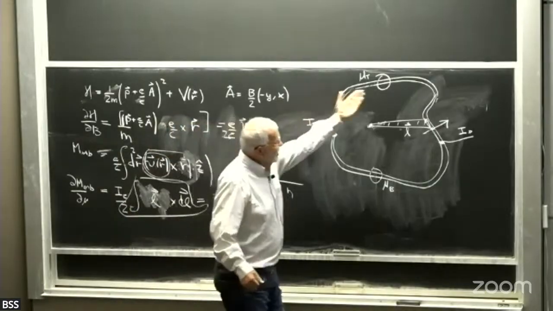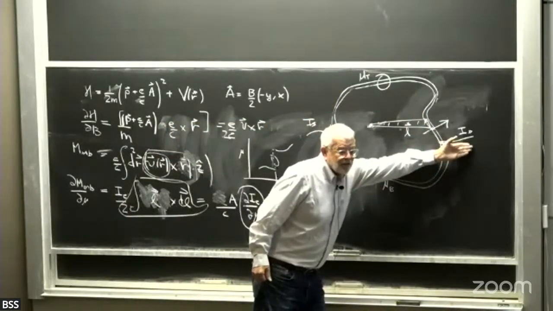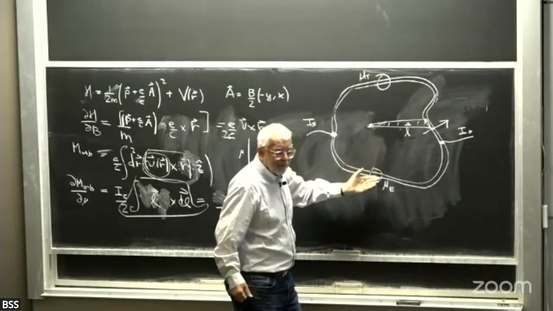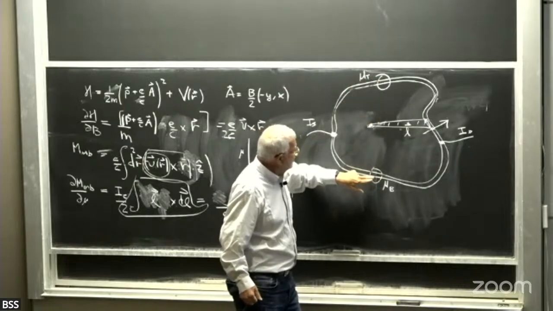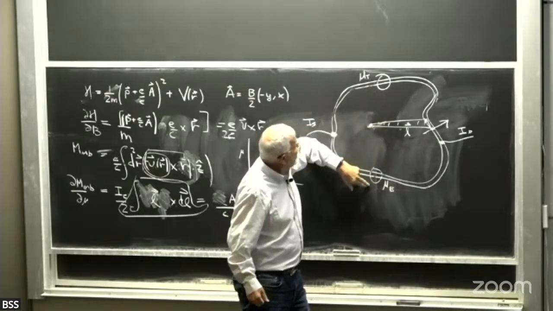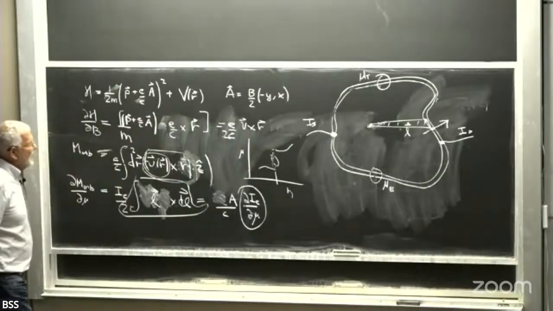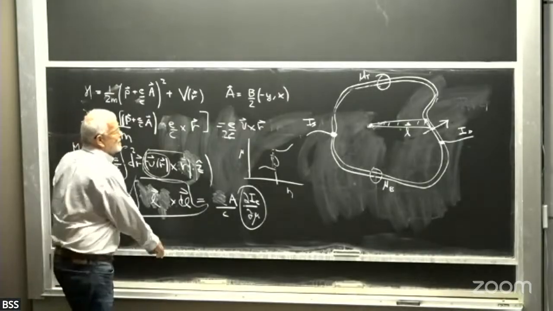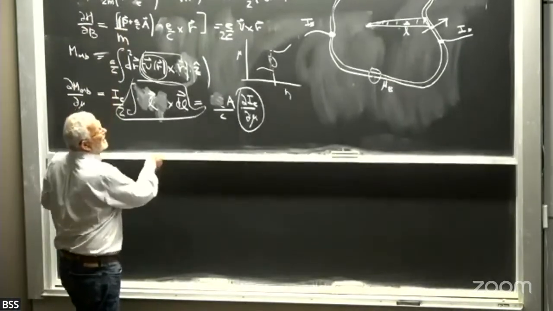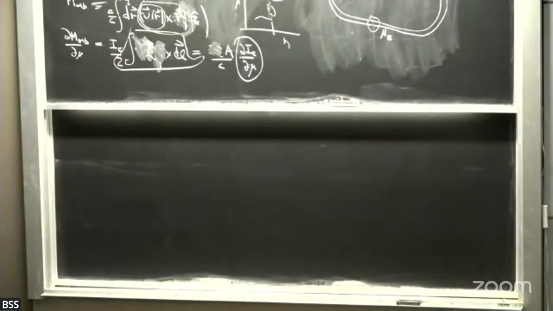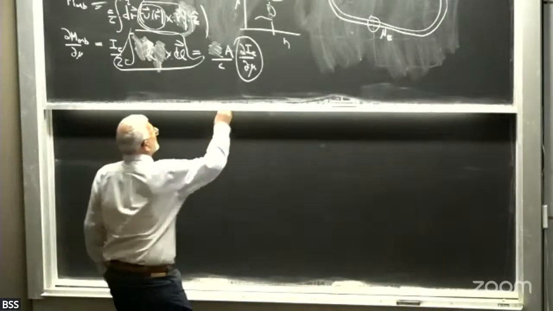And the net current that flows through the external circuit is just the derivative of the edge current with respect to chemical potential times the difference of these two chemical potentials. So the quantized Hall conductance is really just a measurement of this thermodynamic quantity.